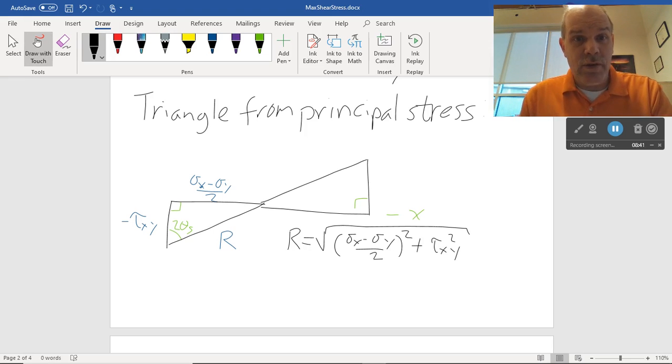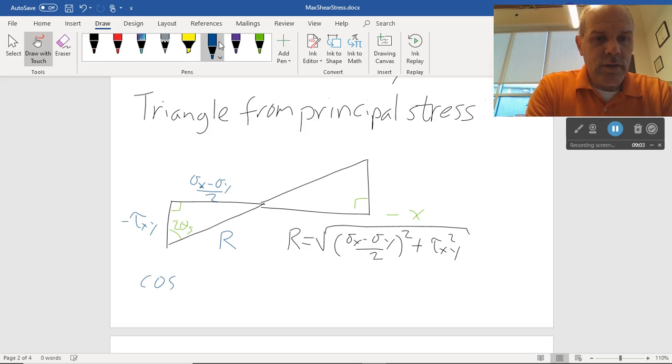So I can still do the same thing with the sine of theta and the cosine of theta. In this case, though, the sine of 2 theta s is going to be the opposite side, sigma x minus sigma y over 2, divided by the hypotenuse, r. And cosine is going to be the adjacent, negative tau xy, divided by the radius, r, right?